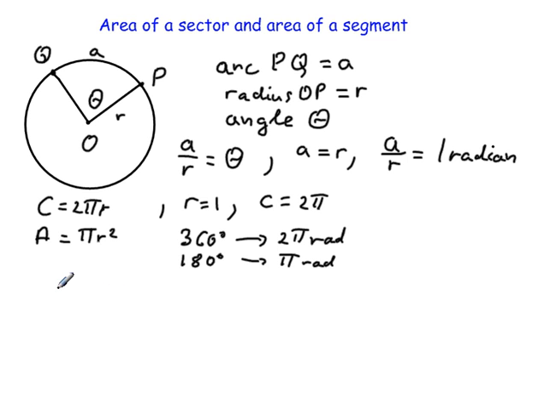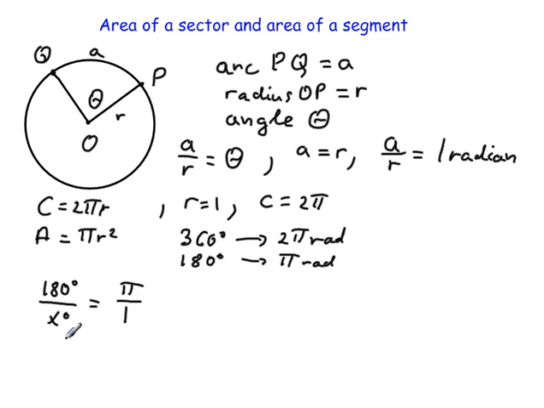So this is what we can do. We can create a proportion. So if 180 degrees is equivalent to pi radians, say if I want to find how many degrees are in 1 radian, so x degrees will be equivalent to 1 radian.